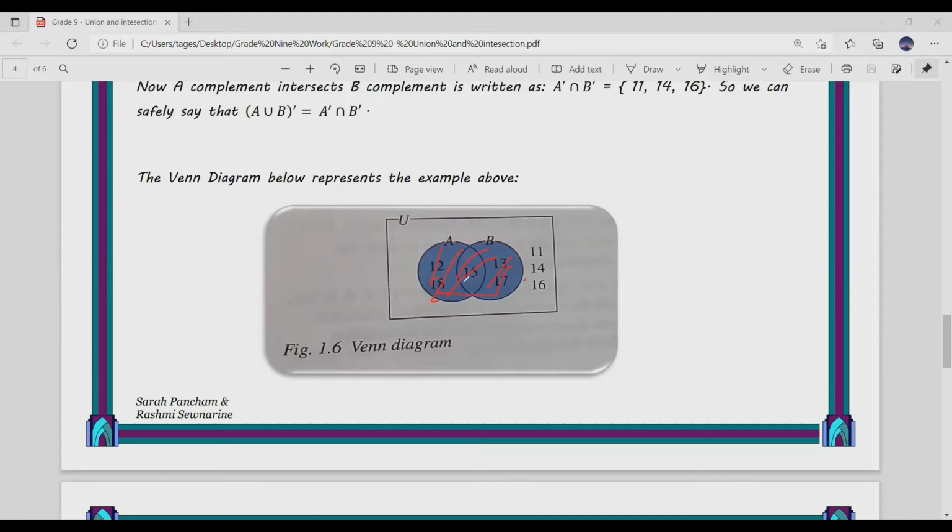That is the whole of A union B. So that is basically it. It's nothing tough, you just have to be careful when you're drawing up and constructing your Venn diagram.